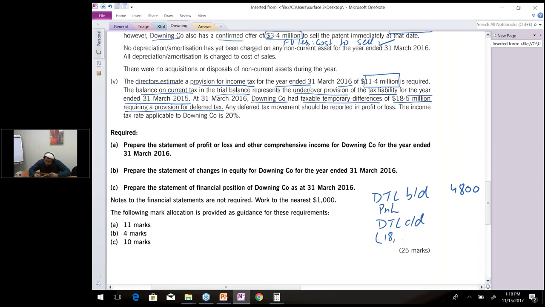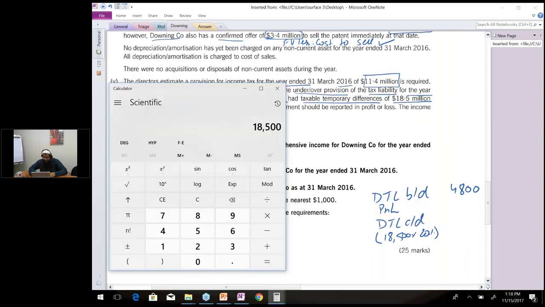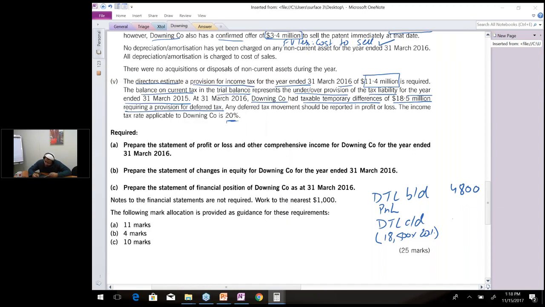So the carried down is 18,500 into the tax rate of 20%. So this is going to be 3,700, I think. 18,500 into 20 divided by 100, 3,700. So this means that the deferred tax liability is decreasing by 1,100.